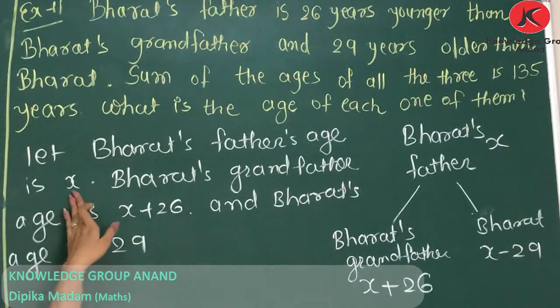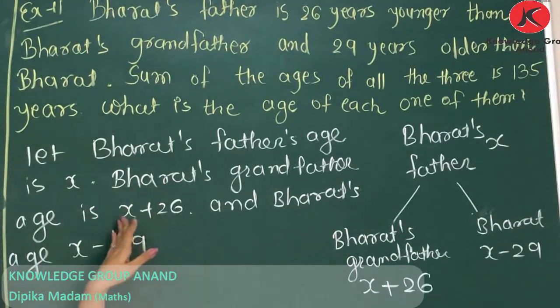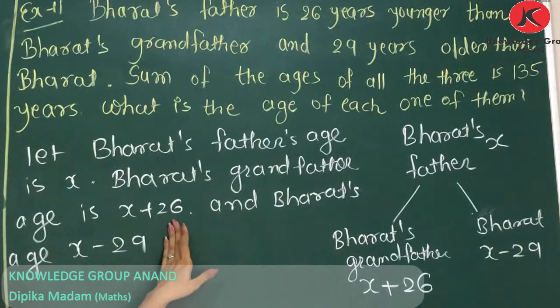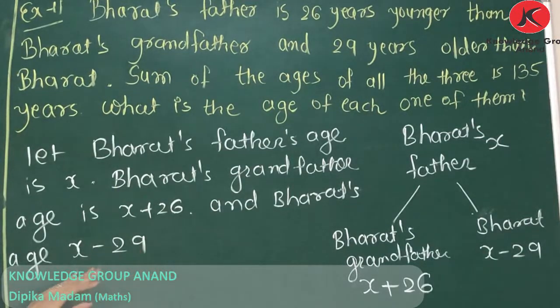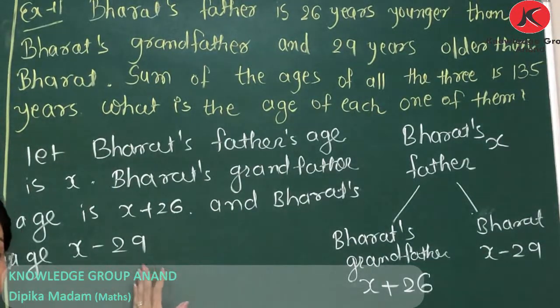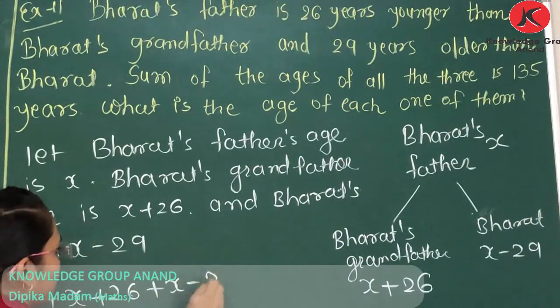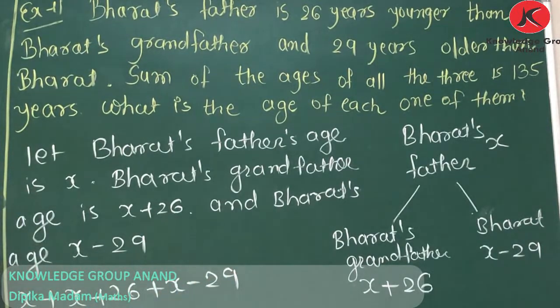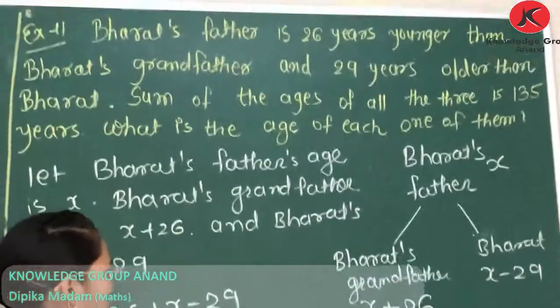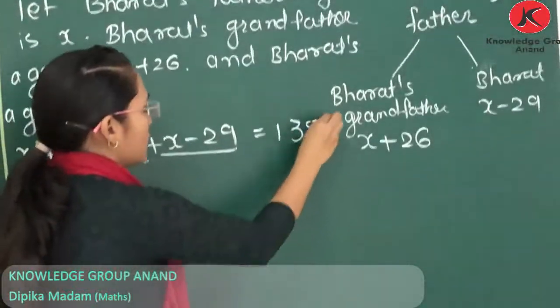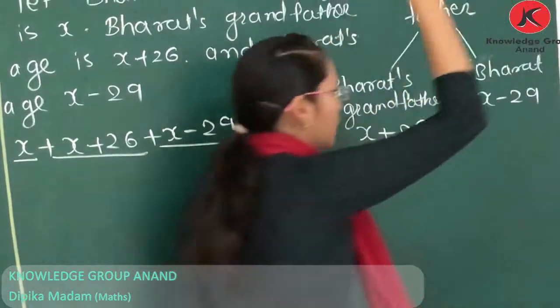If father's age is x, then grandfather's age is x plus 26, that is more than father's age, and Bharat's age will be x minus 29, that is smaller than father's age. Okay. So addition of their ages. This is father's age, grandfather's age and Bharat's age. Addition is 135, that is given in the equation.